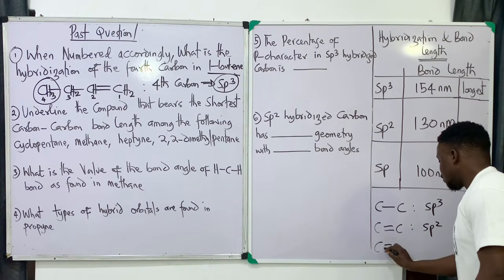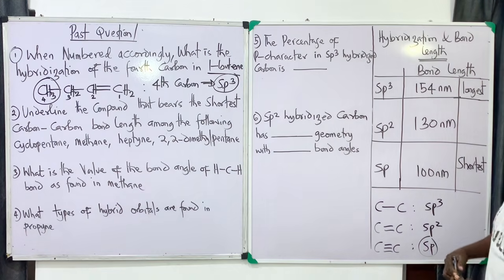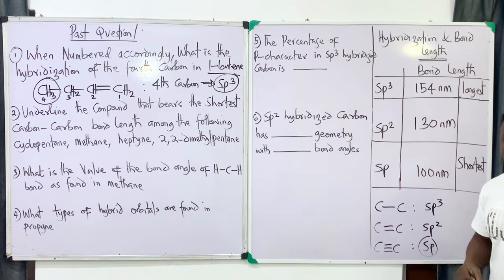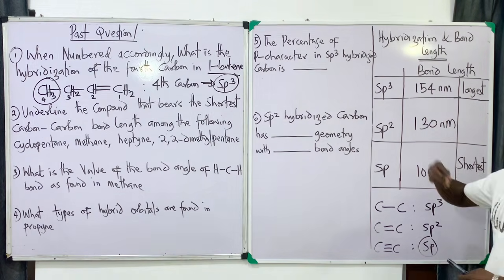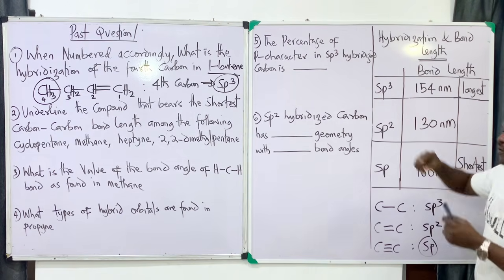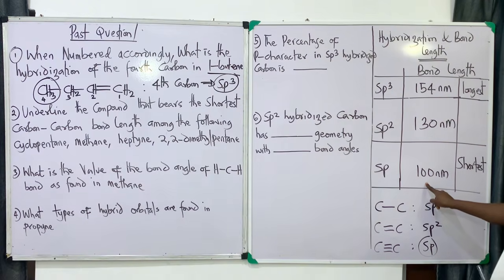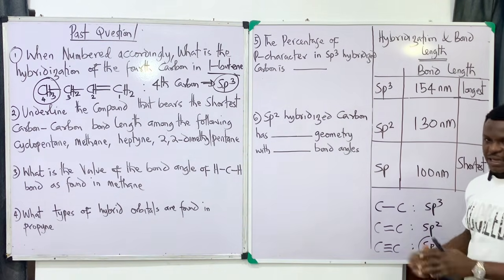The one that has the shortest bond length is sp. These figures I used here are not the real figures, and nobody is going to ask you for them. I'm just using them to show how the bond length differs. This is the longest and this is the shortest. sp2 is just intermediate between the longest and the shortest.